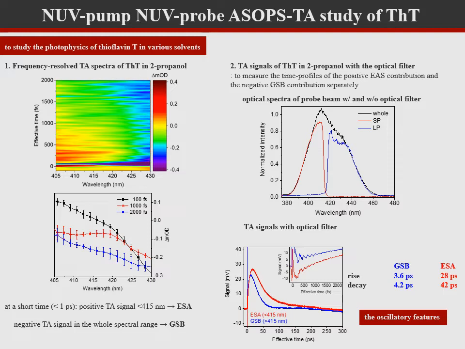For the GSB signal, the fitted rise and decay times were found to be 3.6 and 28 picoseconds. Those of the ESA signal are 4.2 and 42 picoseconds, respectively. After removing the slowly increasing and decaying components in the GSB and ESA signals, we could extract the oscillatory features in the signal.